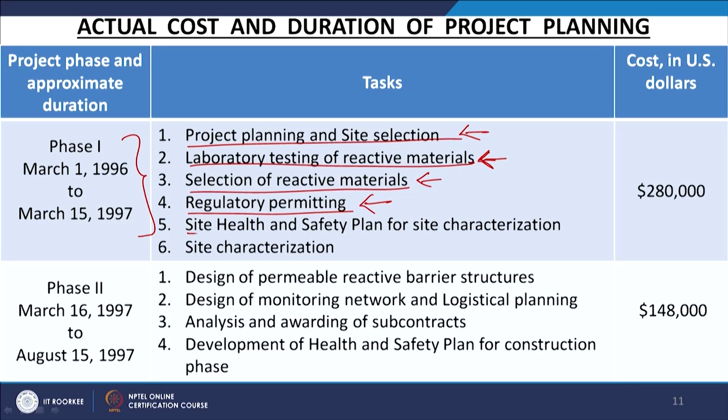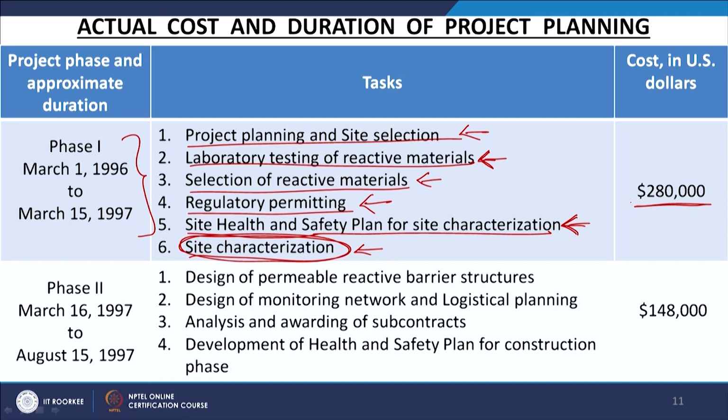So that's something out here. And site health and safety plan for site characterization, as in to see to it that it's relatively safe for operation. And obviously the major aspect would have been site characterization, cost for understanding or analyzing the particular site. So you see that it's around $250,000 or $280,000.